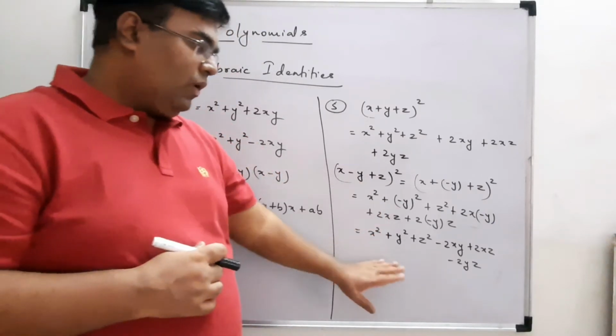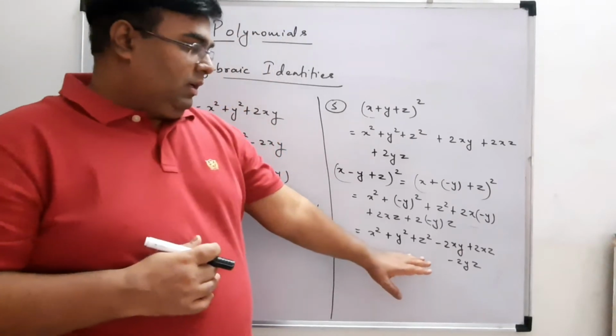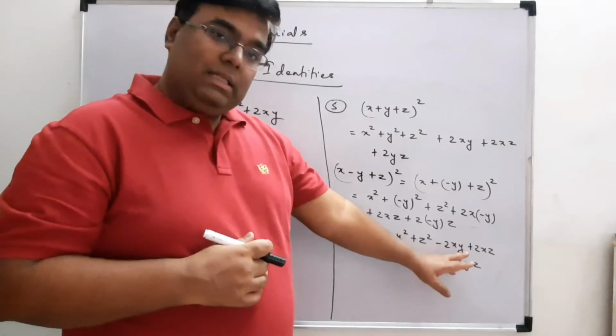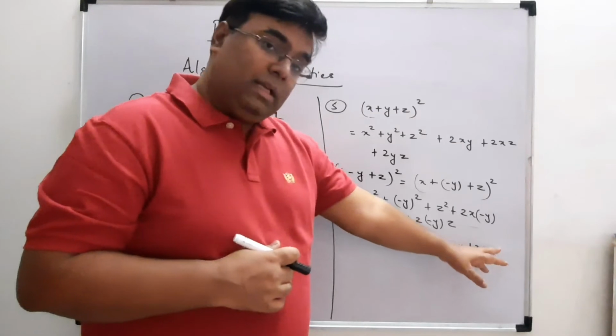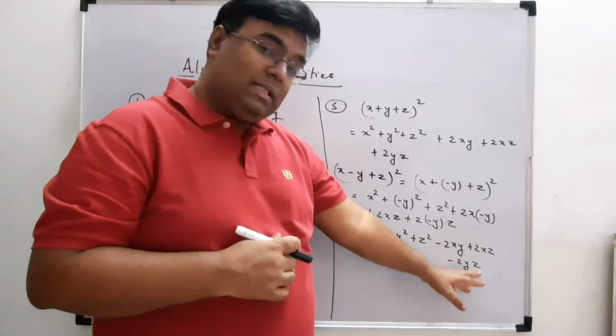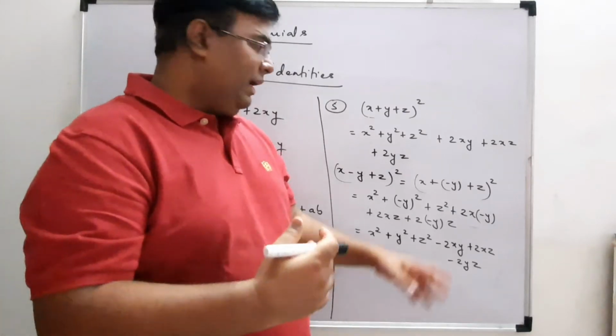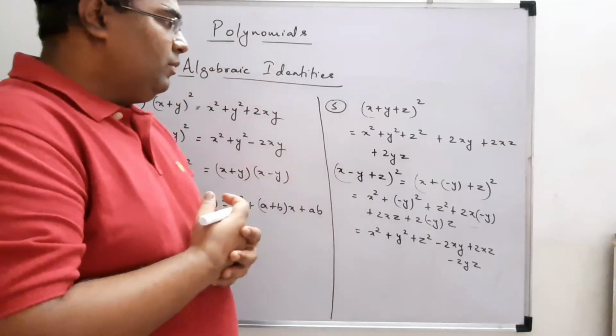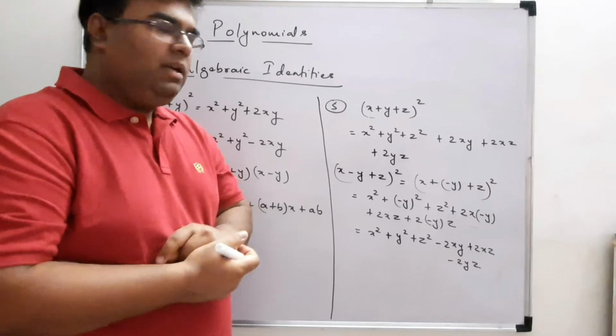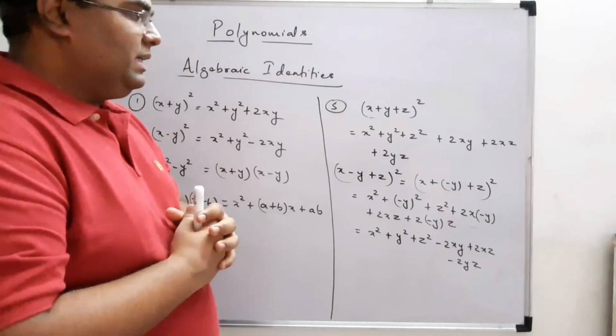First of all, squares will have no effect, but where a single y is there, it will be negative, a single z will be negative, and where y and z both are negative, it will become positive, right? Try out the various modifications of the formula, and you will also get to know how to expand it.